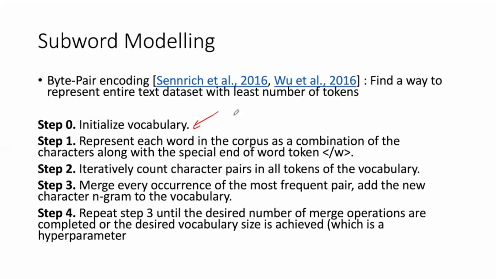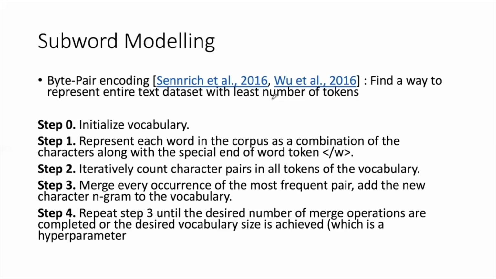Then we try to represent each word in the corpus. The vocabulary consists of single characters, and all the words that exist in the corpus, or the text data that we have, we represent as a combination of these characters along with a special end-of-word token.